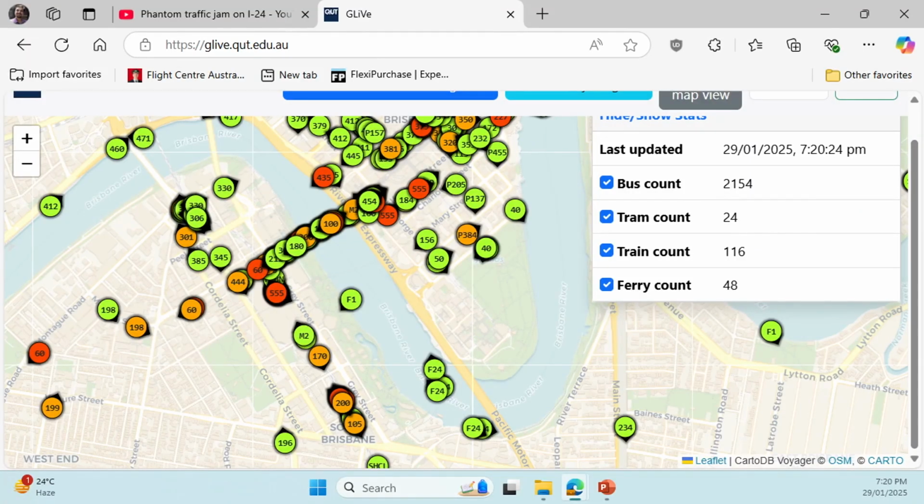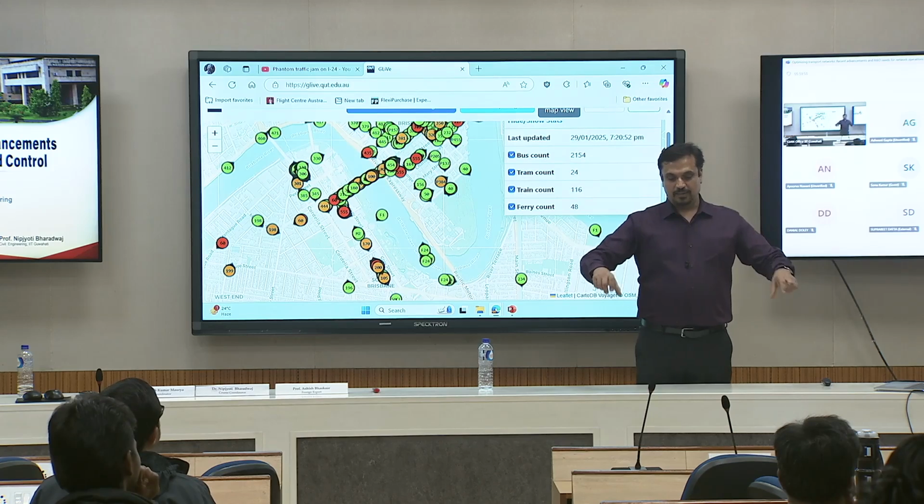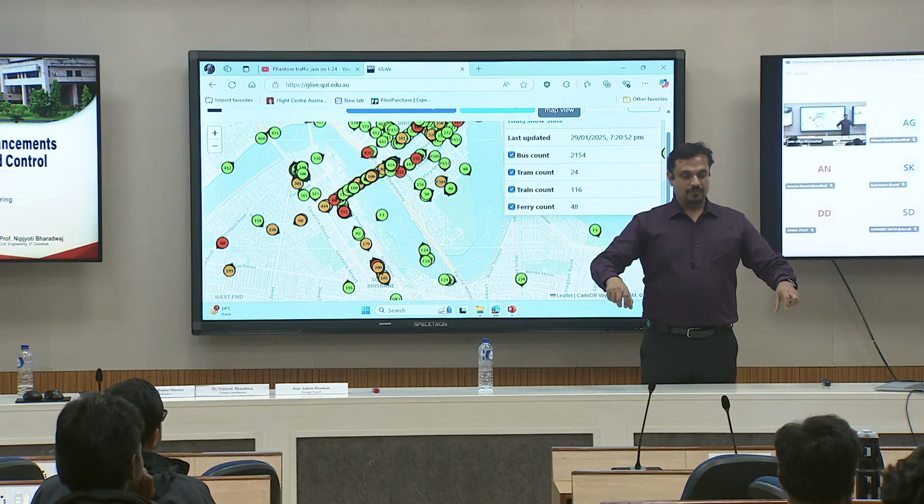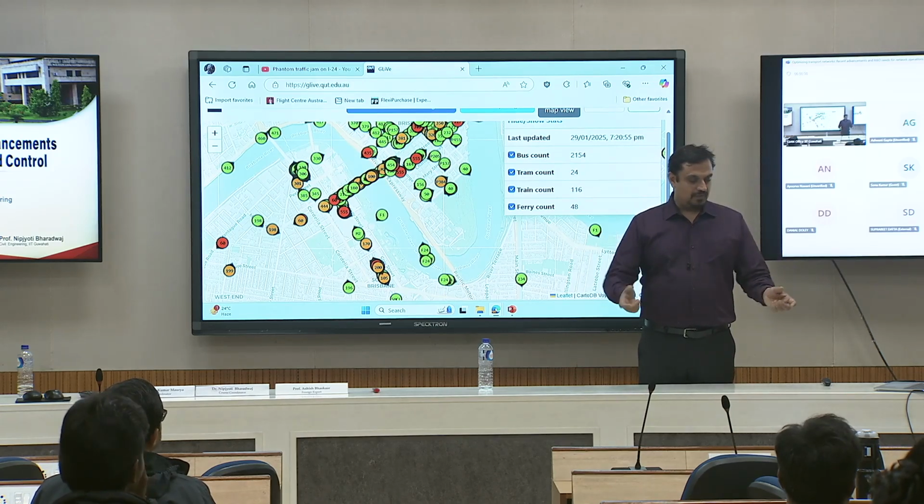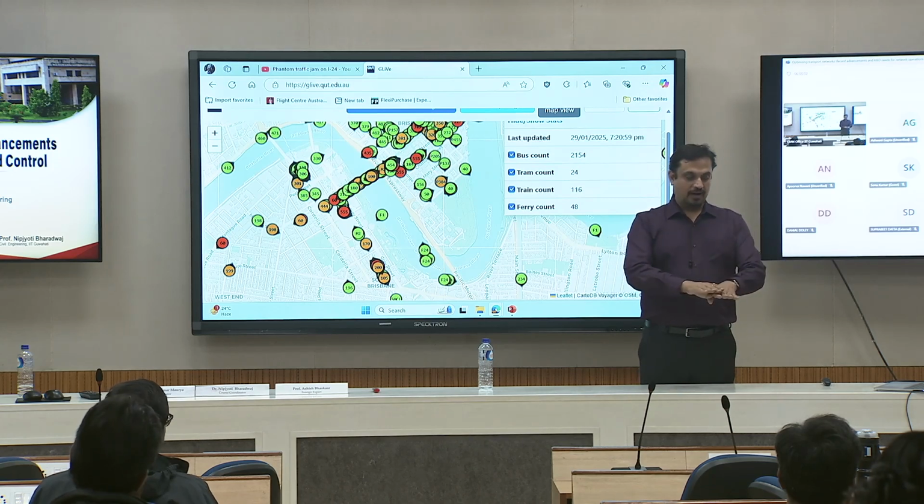There are also sensors where you don't even need a camera, like ultrasonic and acoustic sensors, and infrared sensors. They can also give you estimates, such as classified counts. Infrared sensors are at the pavement level.